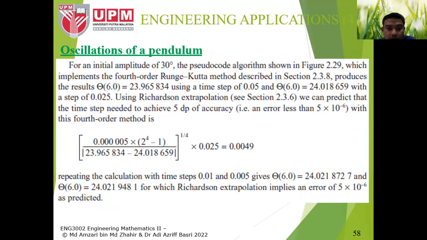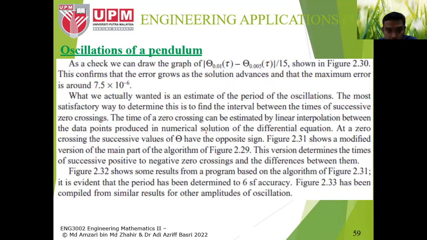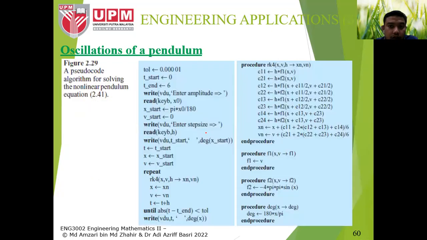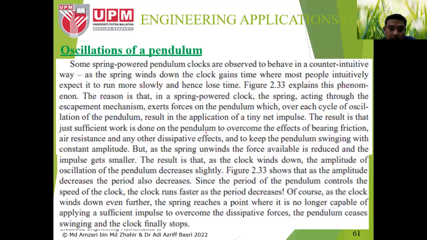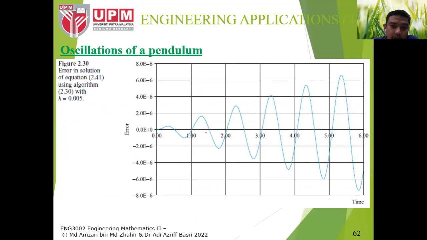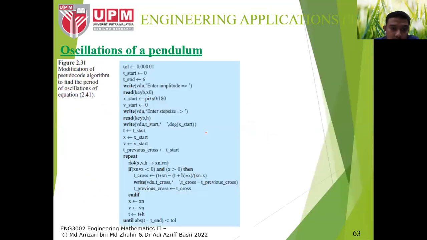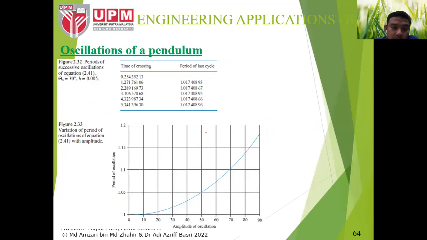Here we use the fourth order Runge-Kutta method to calculate the answer. In terms of the pseudocode, you can calculate it, and this is the first engineering application example, the oscillation of a pendulum. You get the graph based on the concept of the numerical method.